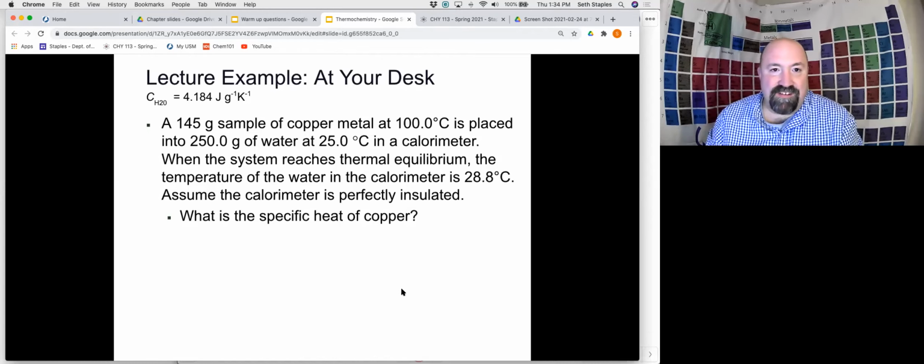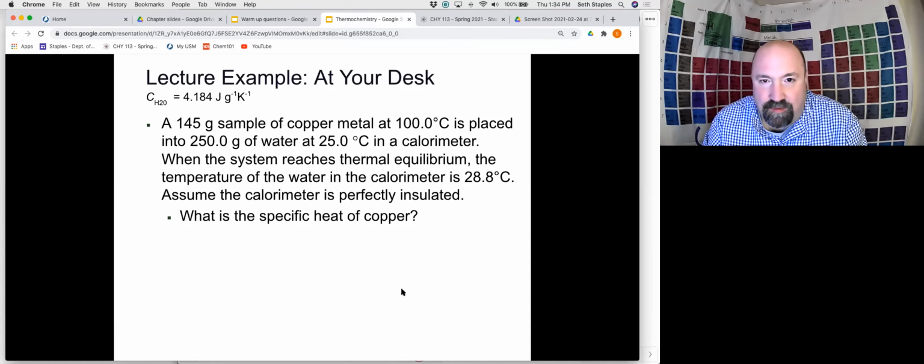And so in this example, we have a 145 gram sample of copper. It's at 100 degrees Celsius. We drop that into 250 grams of water, which is at 25 degrees Celsius. The whole thing reaches thermal equilibrium at 28.8 degrees C. We want to find the specific heat of copper. So actually go ahead and pause the video now and see what you can do.